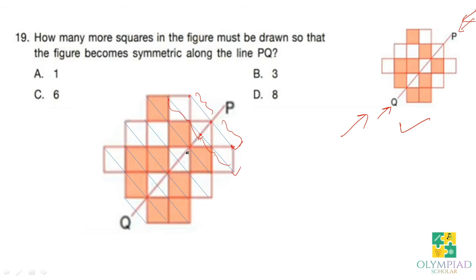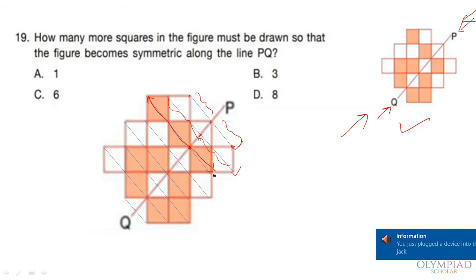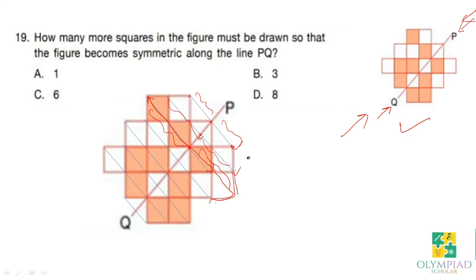But if we check the third line, it is going above two diagonals, but it is coming down only one diagonal. So you need another figure drawn here, so that it will come up to here and you will have this distance and this distance the same. So this is the first figure you need to draw here.